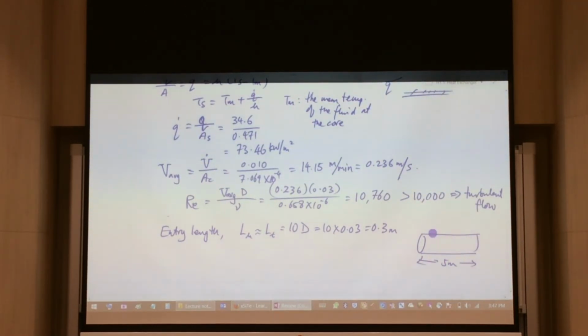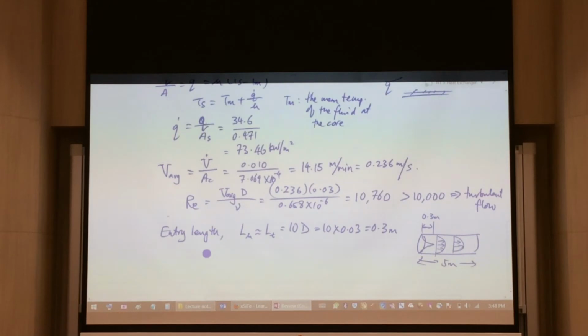And 0.3 meters is sort of like a very tiny section. So this is the part that will come in like that. And then you have all your fully developed flow over there. So you can see that most part of your pipe is actually fully developed flow. And that's why we need to be sure about that.